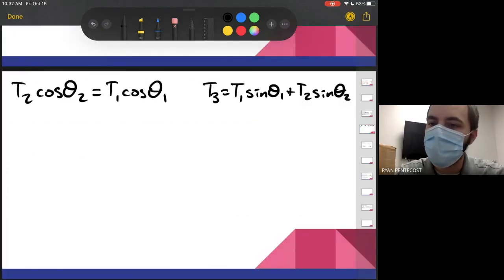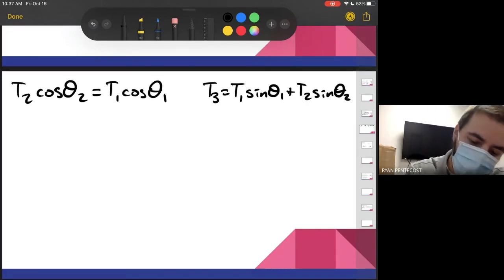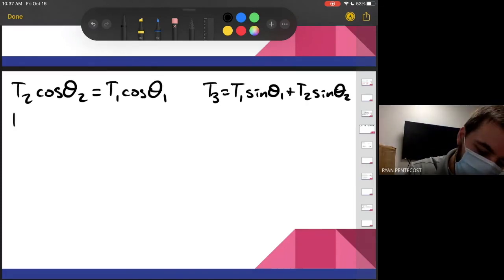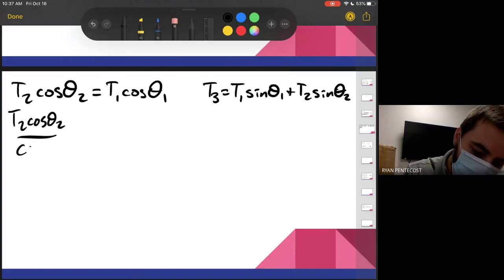So what we'll do is solve one equation for one of the unknowns, then plug that back in. You always want to solve for the more simple equation so that you're not plugging in a mess. That's my take anyway. So let's solve for T1. If we take T2 cosine theta 2 divided by cosine theta 1, that equals T1.